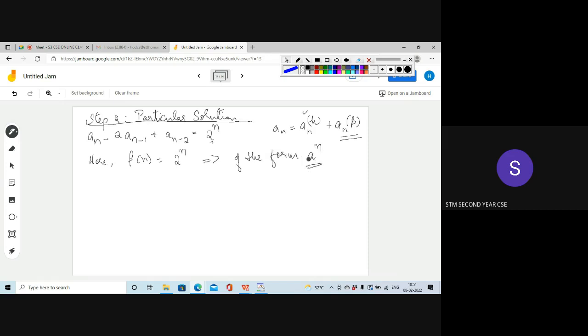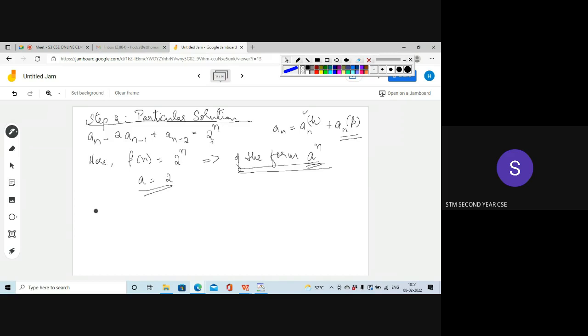Here a is 2. If f of n is of the form a raised to n, then which method are we going to use? In the given question, when we compare that question and a raised to n, we find that a is equal to 2 here. Now let us see what to do.